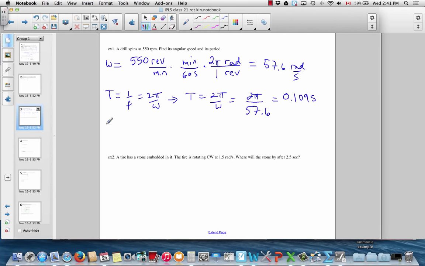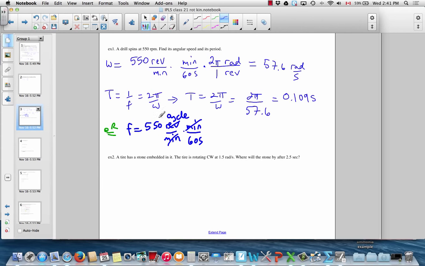Now, another way to approach this, alternatively, we could say that this 550 RPM, so 550 revolutions per minute, when we convert it to seconds, you see a revolution is really the same thing as a cycle. And 550 over 60 cycles per second, that's really a linear frequency, f.